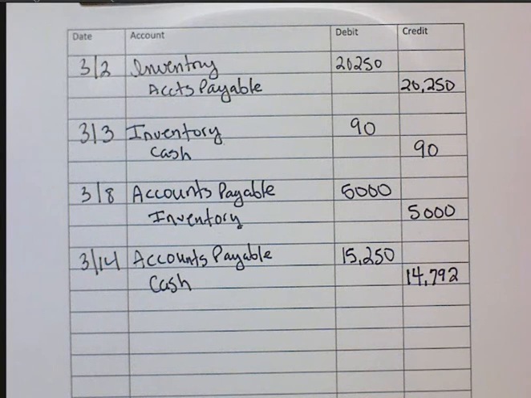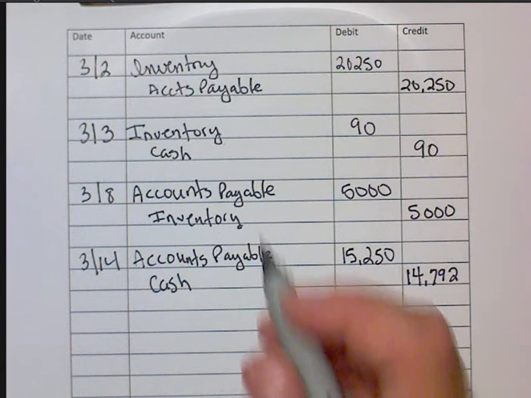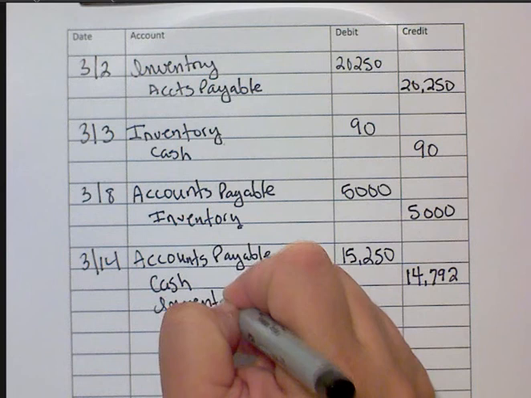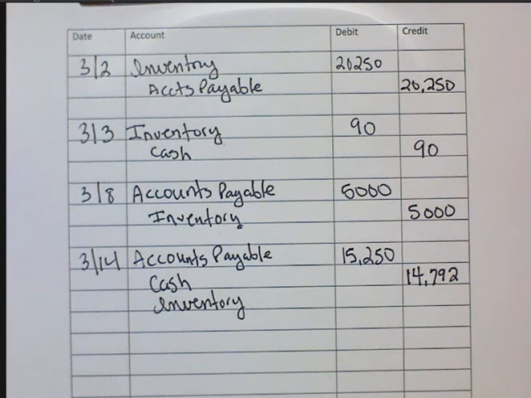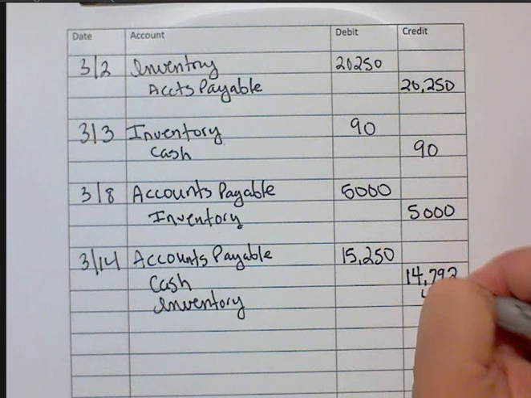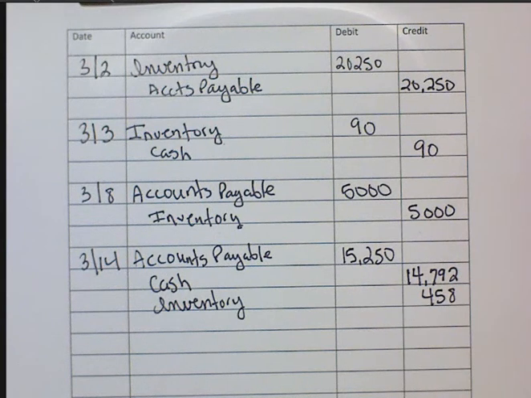So if we just stopped here, we wouldn't balance, our debits wouldn't be equal to our credits. So we know we have to have a credit entry that balances out this journal entry, and that's going to be to inventory. We need to reduce the cost of our inventory by the cash discount that we're taking. So we credit inventory for $458. Okay, and that's the solution to 5-3.